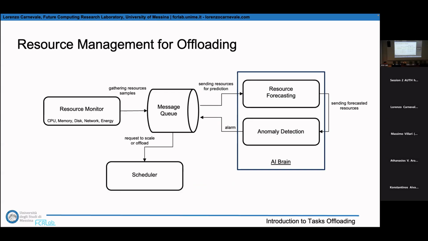And this anomaly detection can generate an alarm message that then is managed by the scheduler, and the scheduler decides what is the task, decides the task split in parts, and decides what is the target for the offloading, that in our case could be another edge device because of the internet connection issue that I said before, or the cloud, and this is done by the scheduler.